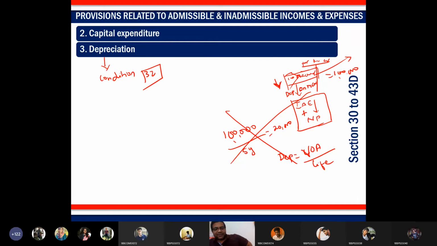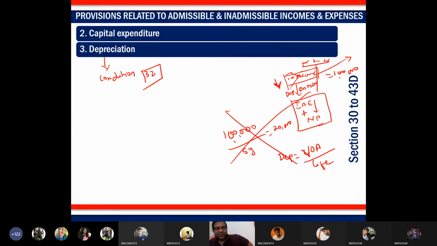What are these conditions? In order to claim depreciation, point number one, the assessee should be the owner of the asset. If the assessee is not the owner of the asset, he cannot claim depreciation.